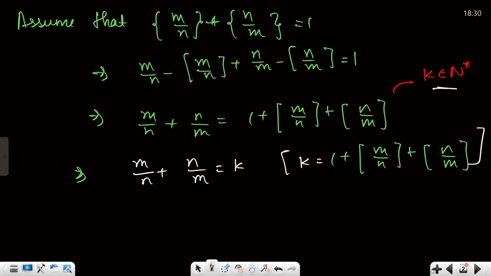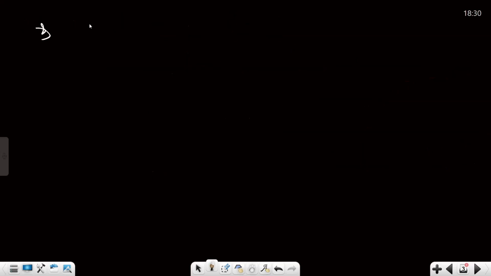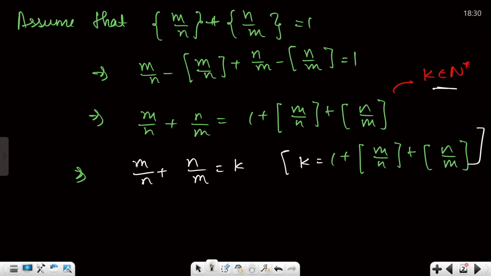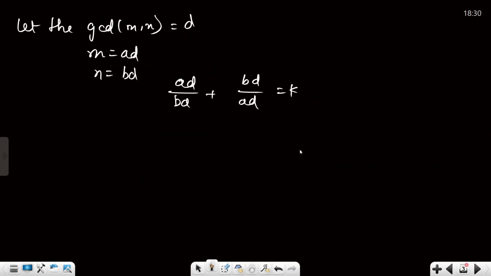So for this, we can say that let the GCD of m and n, we're doing this to simplify it, be d. So m is equal to ad, n is equal to bd, and so ad by bd plus bd by ad is equal to k. From this, I just changed m and n to their GCD form.